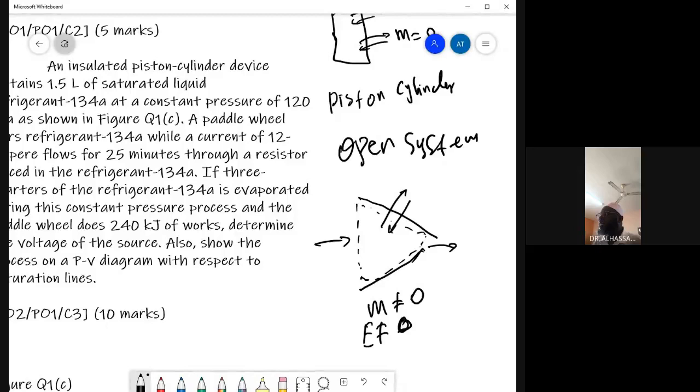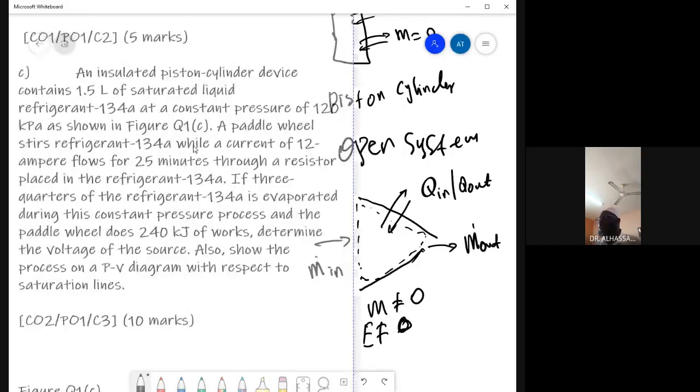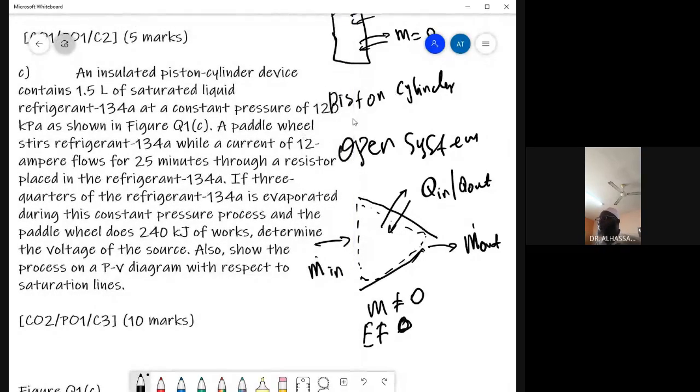If it's not insulated, we can have Q in or Q out of the system. And here mass is going in, mass is coming out of the system. So this is also a thermodynamic system. I will not waste my time on this. Quickly, I'll move on to a very important one, which is the piston cylinder question. Okay, let us discuss that.